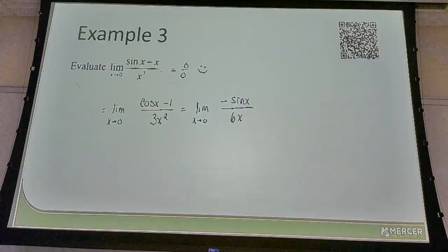What do you get? 0 over 0. So once again, cosine of x over 6. Put parentheses. Plug in 0, what do you get? Minus 1 over 6. There's your limit.